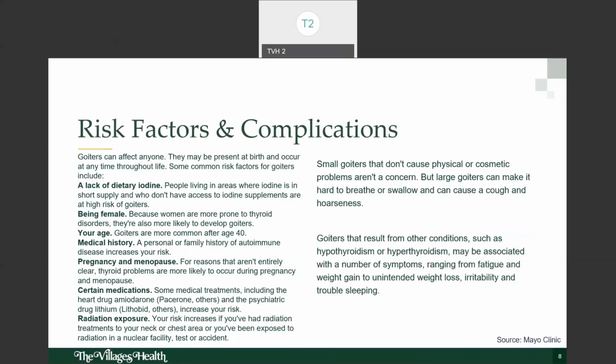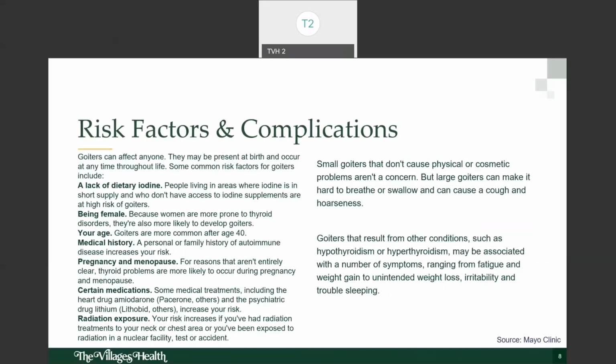And like we discussed earlier, the doctor is probably just going to monitor you. They'll ask you at your visits, are you having any difficulty breathing or swallowing? They'll feel on your neck, have you swallow, so they can check the size. They may even want to order an ultrasound just so they can get the exact measurements if they do think that there is some enlargement going on.